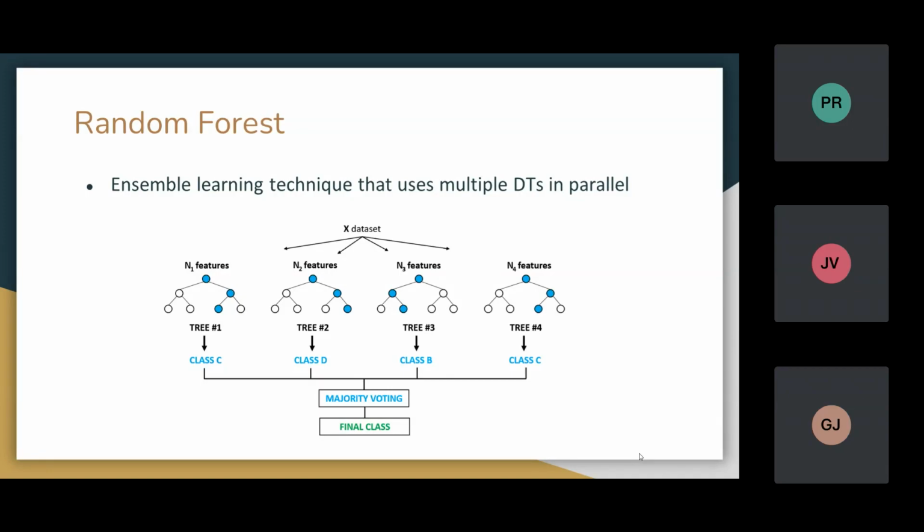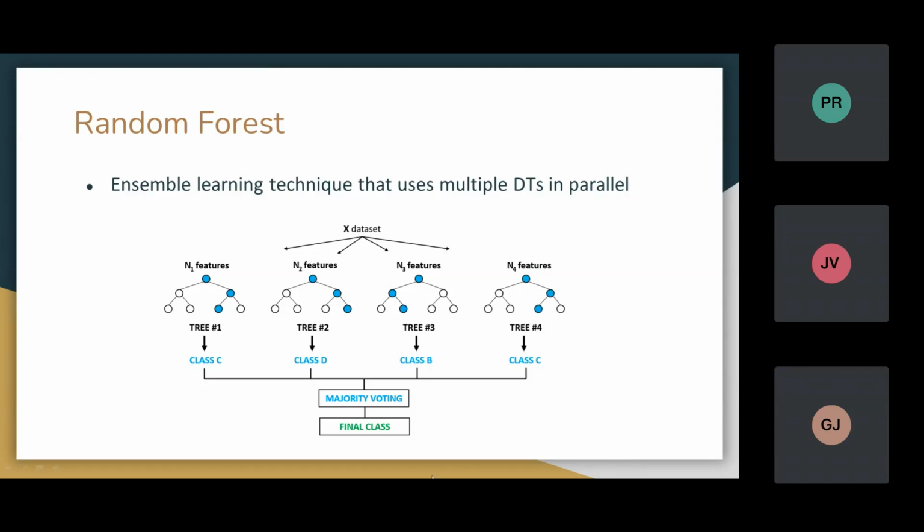So let me quickly tell you what this random forest approach is. This is called an ensemble learning technique. Here it uses the outcomes of multiple classification mechanisms and combines them to make a much more well informed, robust decision. So how does it work?